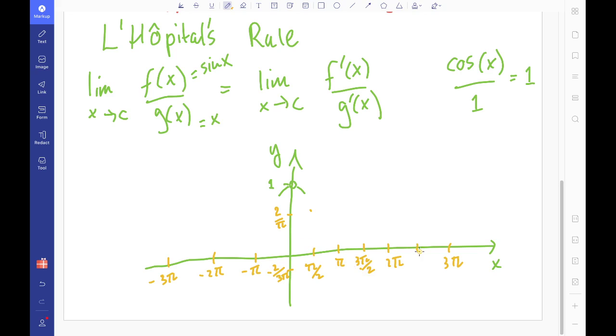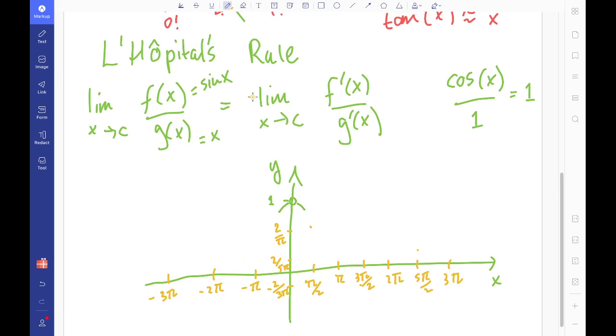I could do the same thing for 5 pi over 2. That's going to be at 2 over 5 pi, so around 2 over 15. So that point will be there. And if I join up all of these places that I know the line should go through, then I can say what this curve is going to look like.